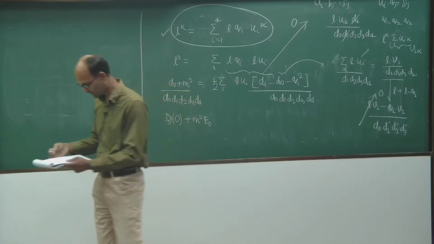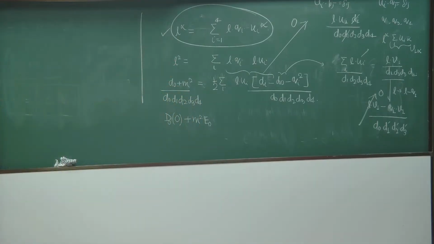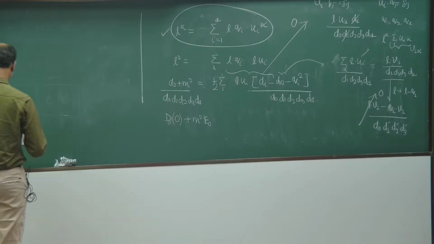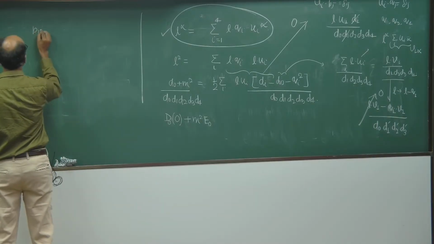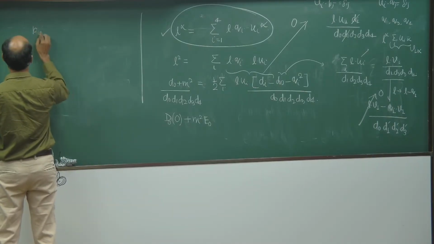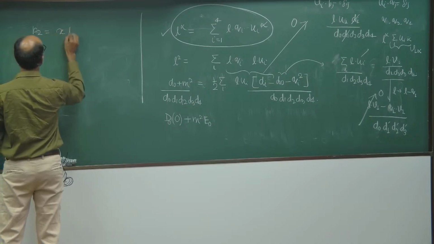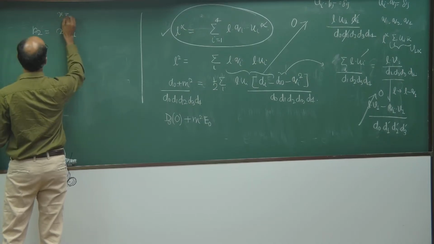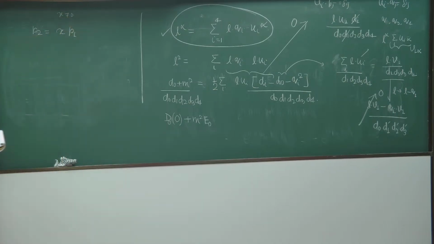By that I mean, suppose I have P2 equals x P1, where x is not 0. That's the simple-minded definition of linear dependence. But this is the exact situation, and I know how to handle it.